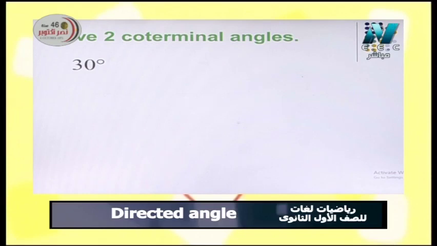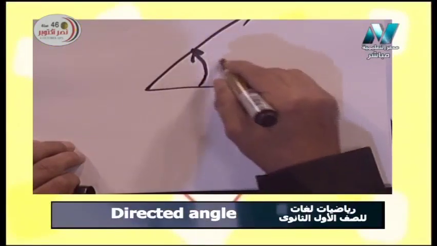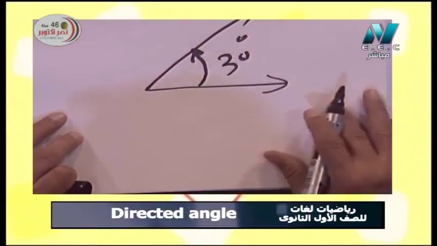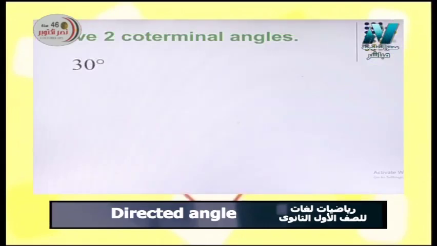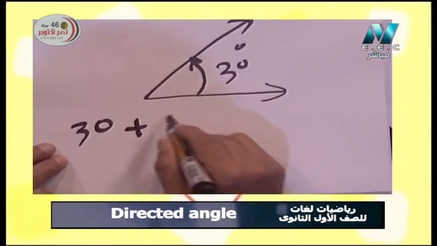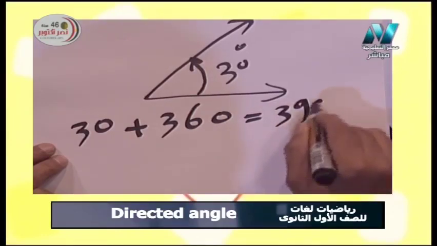Give two coterminal angles for 30. Let's look here. If we have an angle of measure 30 degrees like that, and we would like to find two coterminal angles or two equivalent angles for 30, first we add 30 plus 360, which will be 390 degrees.